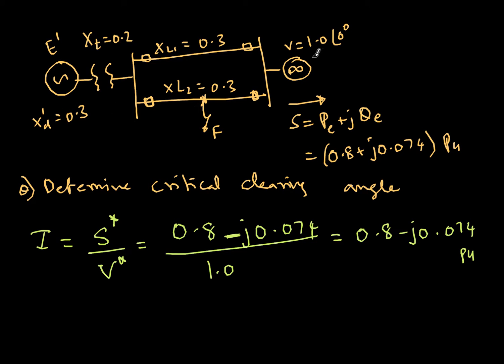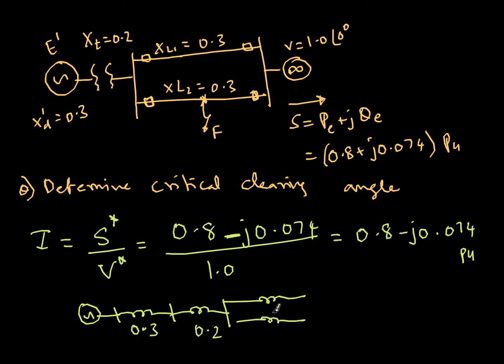Now I have the current. Now look at the total impedance between this and this. First there is a generator, which has the internal reactance of 0.3. Then there is a transformer whose reactance is 0.2. Then I have two lines, 0.3 and 0.3, which are in parallel.